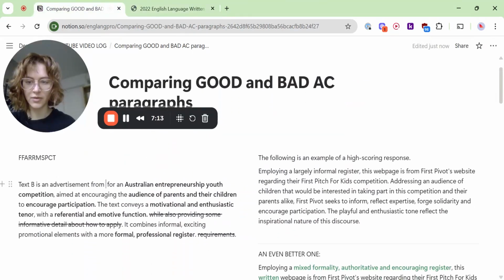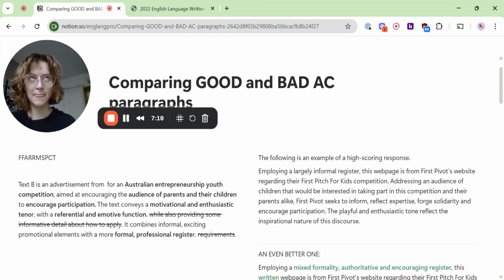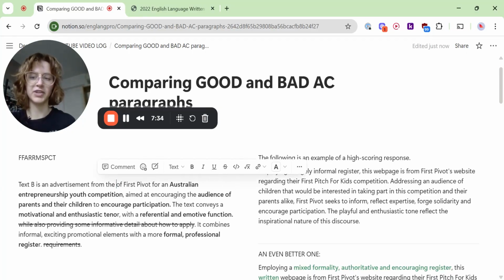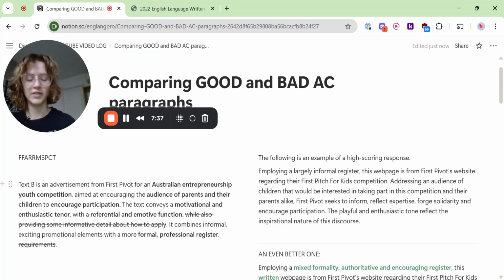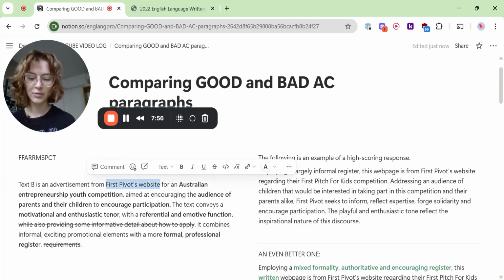We'll just put from the website of First Pivot, from First Pivot's website, because then website gives us a bit more context as well, situational context, because it tells us why there might be hyperlinks, for example, in the text, which obviously wouldn't be the case in a spoken discussion. So now we've kind of got the relative roles.